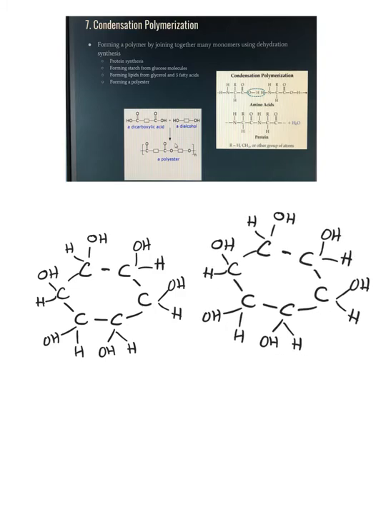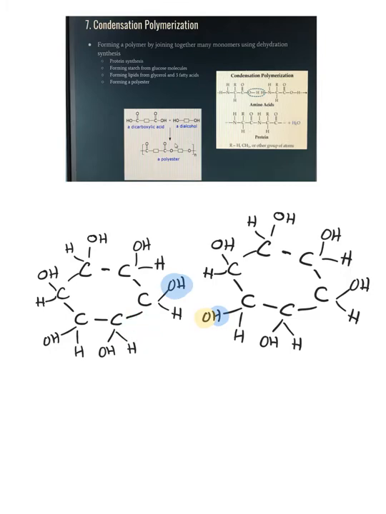When these get close enough to each other, we can remove a water, just like we did with the esterification example. If I take an OH and an H from there, the O that is left is going to join this monomer and this monomer together.